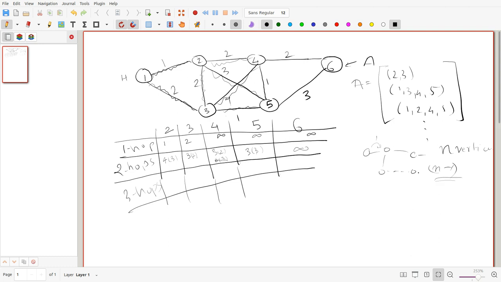Obviously, if you include cycles, you can keep going around in cycles. But it's n minus 1. N minus 1 is the maximum number of hops. But now let's come back here. Look at this. What does each row signify? Each row gives us information about the minimum amount of time it takes to get to each of the nodes.